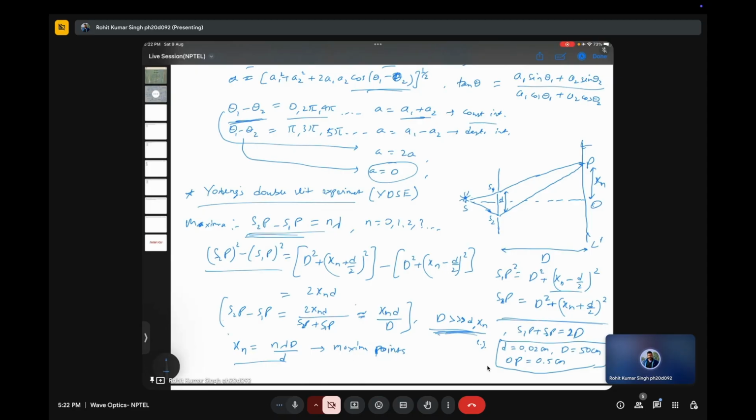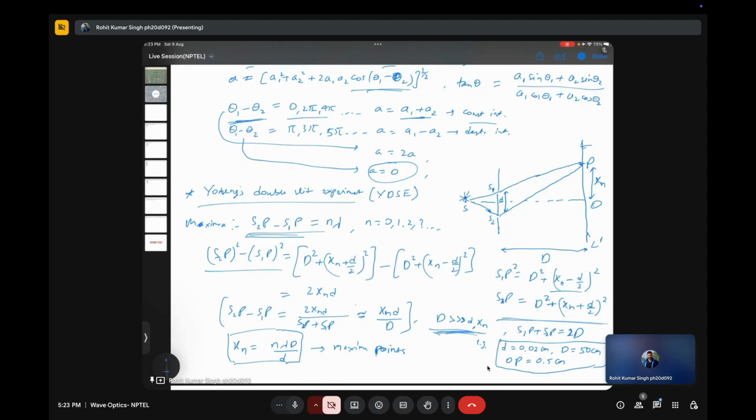So this is an approximate result, not an accurate one. It is accurate up to a certain precision. Now from here you can find the width of the fringe. So what is the distance between one dark fringe and the other dark, or one bright to the other bright fringe?